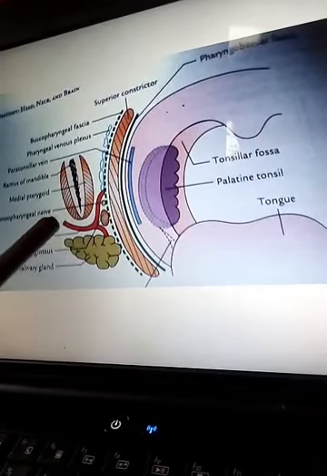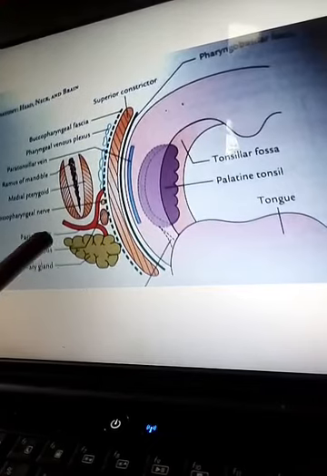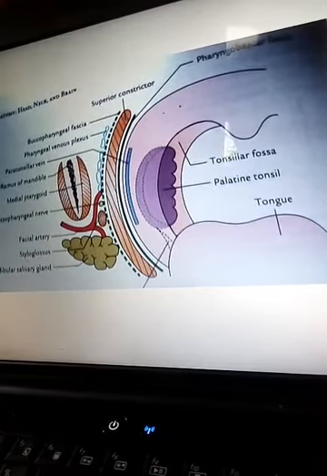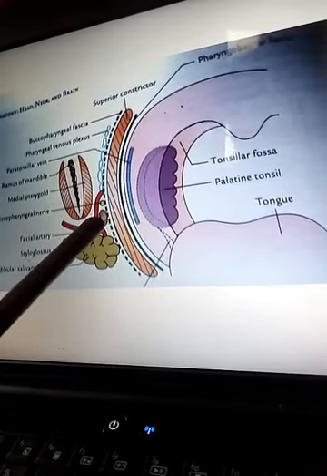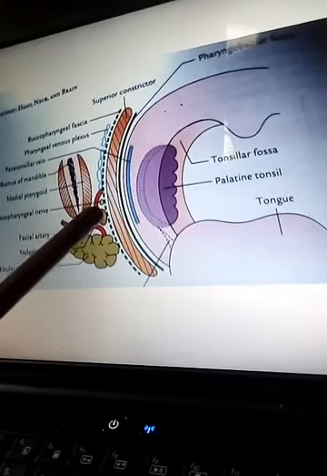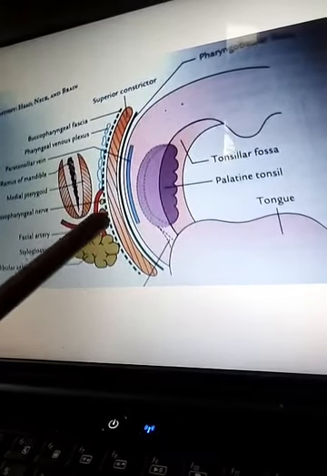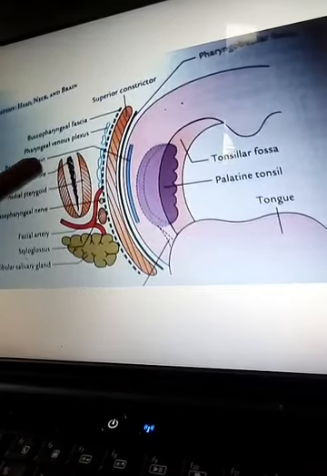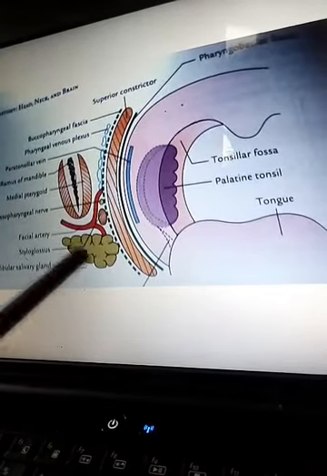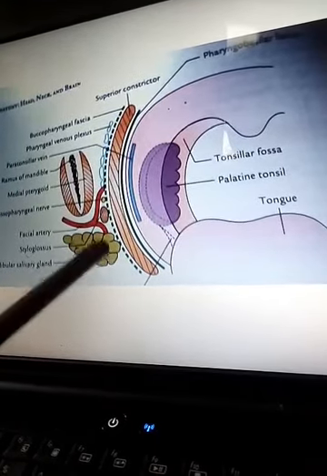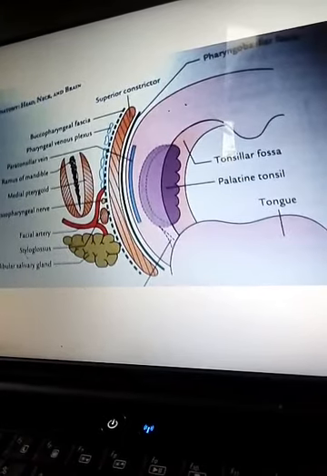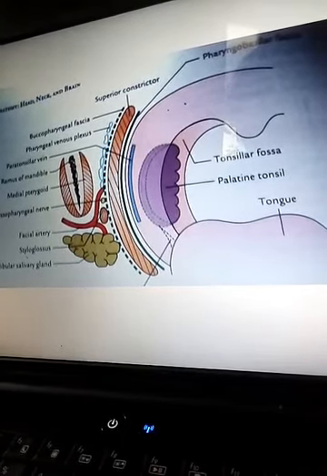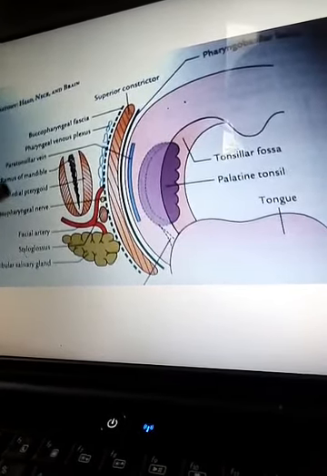Another is the styloglossus muscle, then the styloid process, the angle of the mandible and the submandibular salivary gland. The internal carotid artery lies about 2.5 centimeters posterolateral to the tonsil.